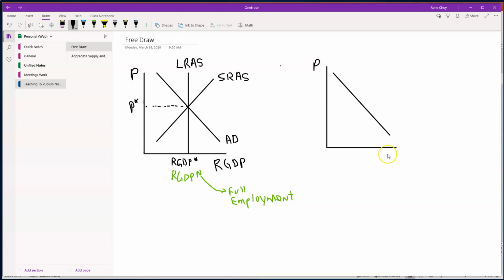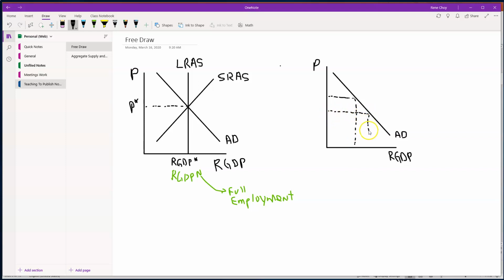Alright, so again we got our price, we have our real GDP, and this is our aggregate demand. Now the three effects that are described in that particular slide are basically showing you how we draw this negative relationship in aggregate demand.